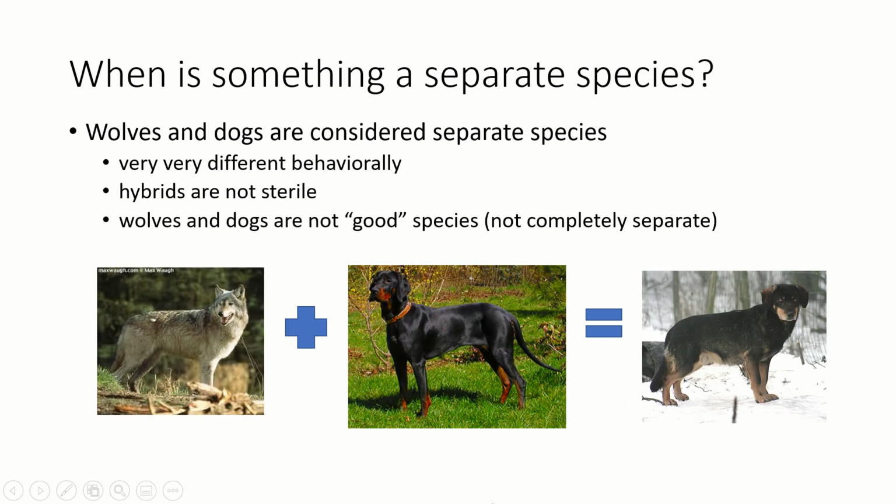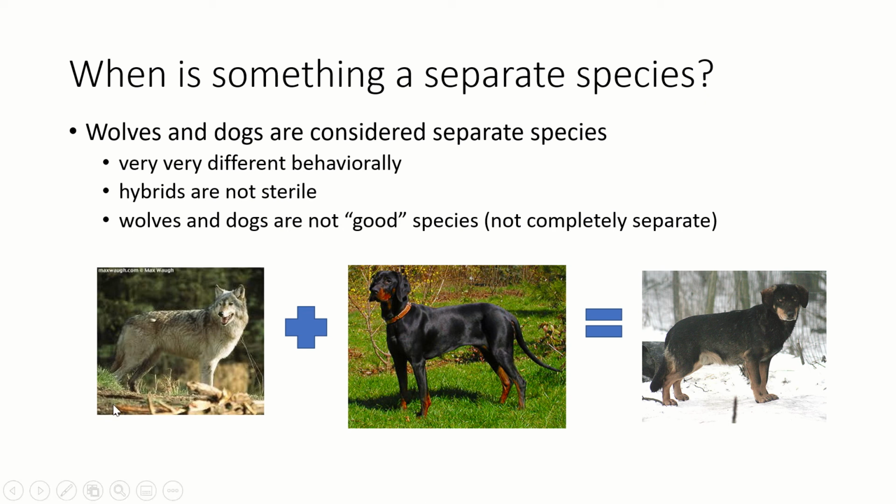Now, dogs and wolves are considered separate species because they're so very different behaviorally. Wolves are an entirely wild animal. Dogs are a completely domesticated animal. They are not the same thing anymore, but they're not completely separate species according to the biological species concept, because you can hybridize dogs and wolves.